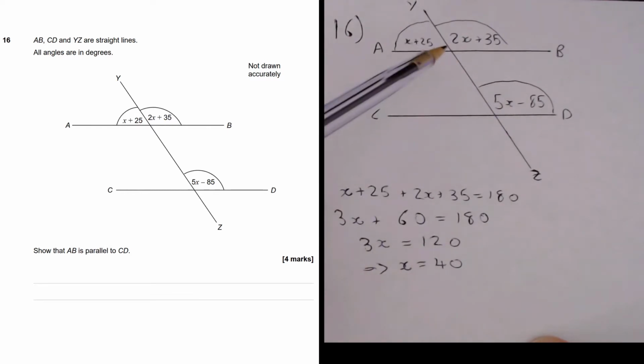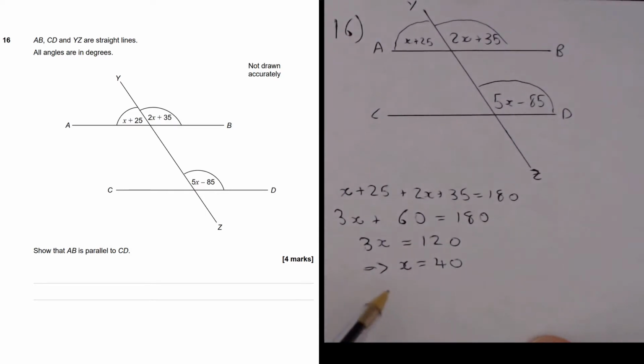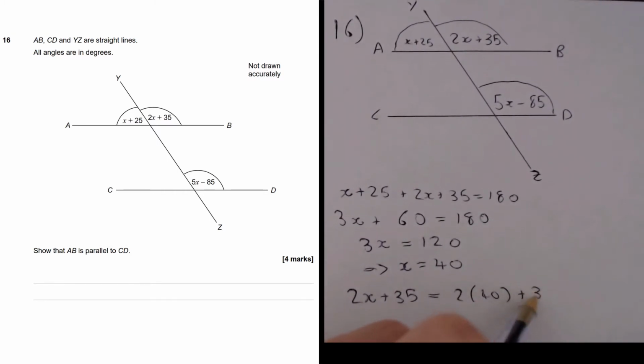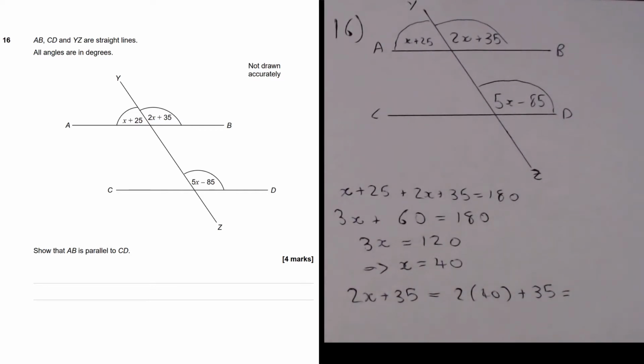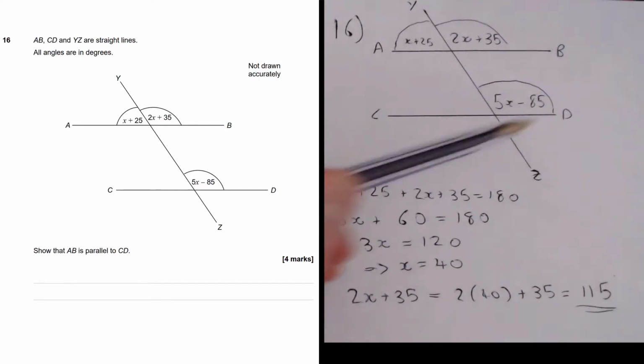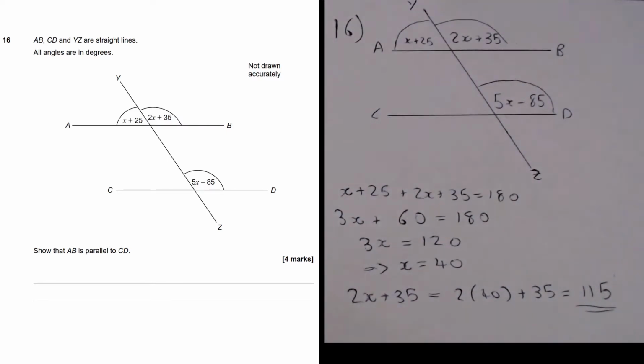So now what we're going to do is plug this value for x into that angle there and that angle there and see if they're the same, and if they are, we know that AB and CD are parallel. So let's start with 2x plus 35. Well, this is going to give us 2 lots of 40 plus 35. Well, that's 80 plus 35, that's 115. So let's see whether this is 115 degrees as well.